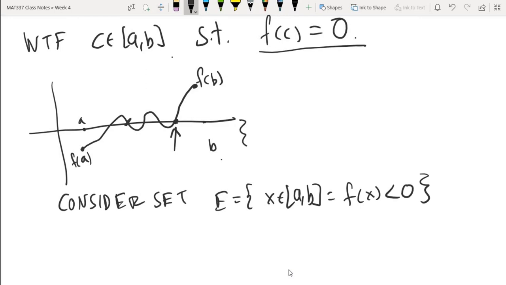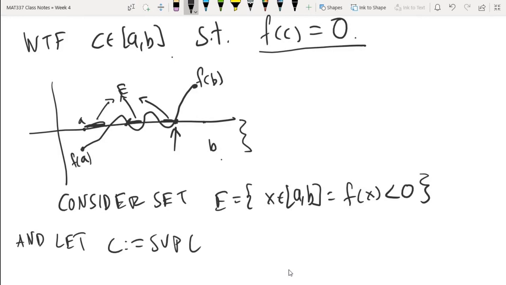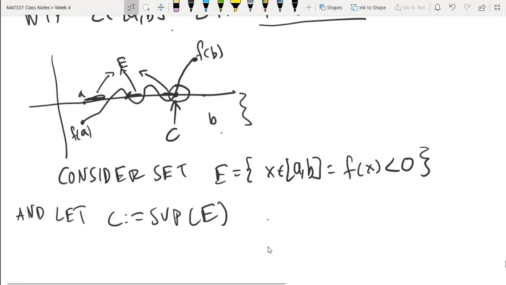So in the picture, it will be all these points. And let c be the supremum of E. So in the picture, this is c.